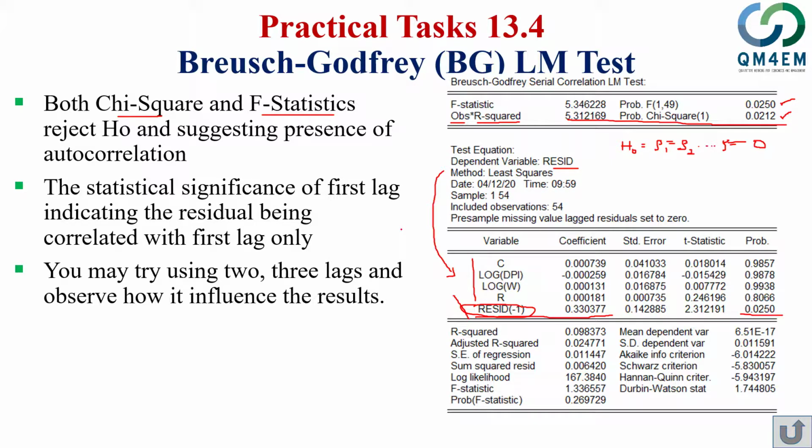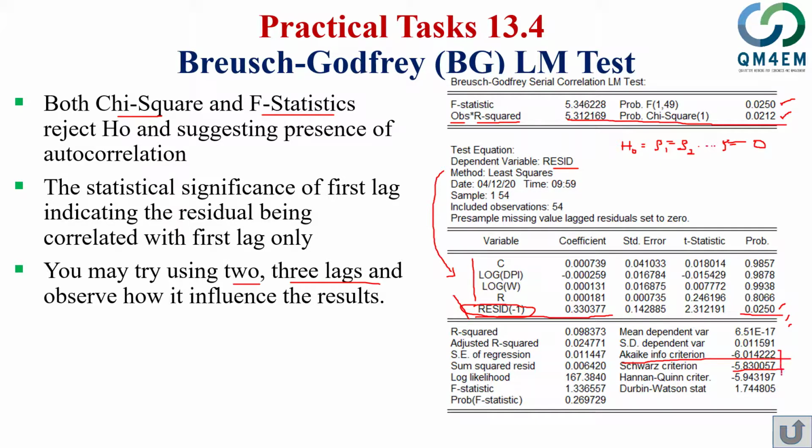Now you may try using 2 or 3 lags. We just used 1 lag, but you can try the second and third lag also. You will get the residual lags -2, -3, and you can see their statistical significance as well. Among all these, you can select the one which has the lowest AIC or SIC value.